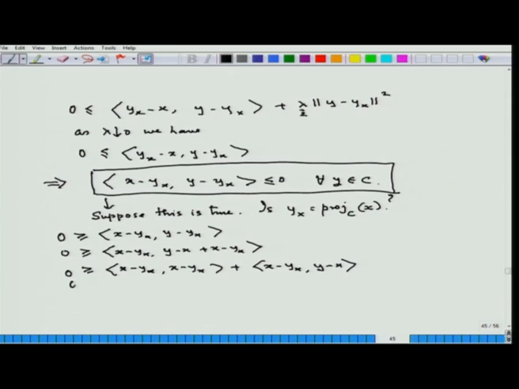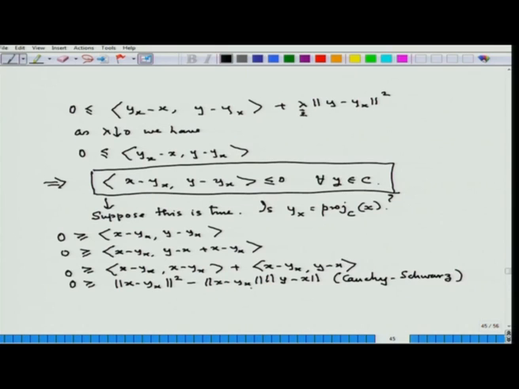Now, this is nothing but norm of x minus y x whole square, and by using the Cauchy-Schwarz inequality, this is obviously greater than or equal to minus norm of x minus y x times norm of y minus x. Cauchy-Schwarz.